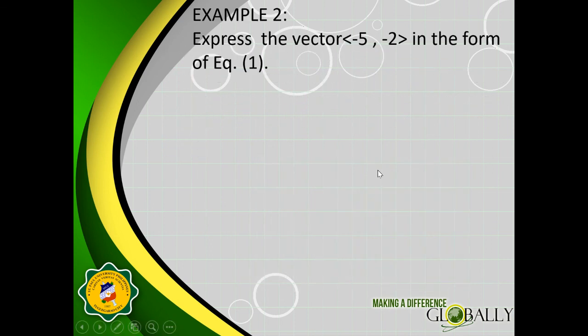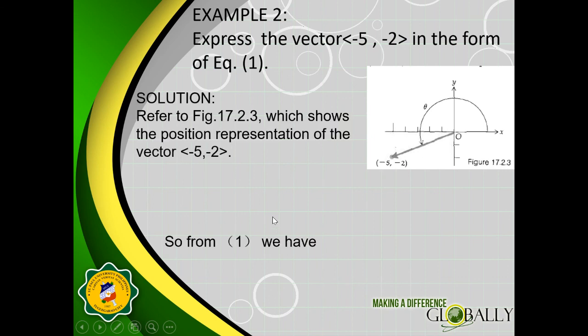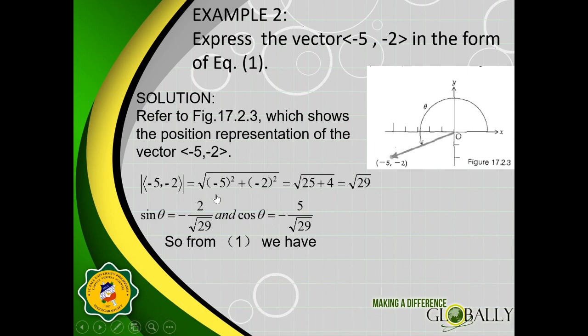Example 2. Express the vector (-5, -2) in the form of equation 1. First, let me show the figure 17.2.3. This is the magnitude of the vector. First, we can calculate the magnitude of the vector (-5, -2).